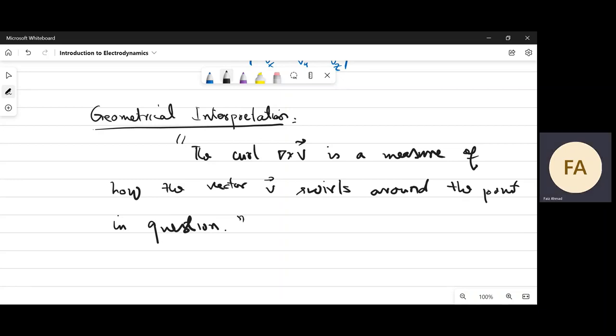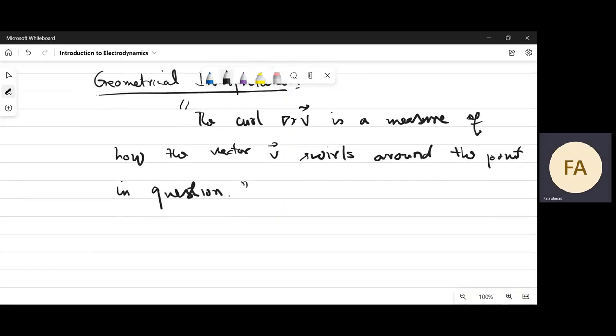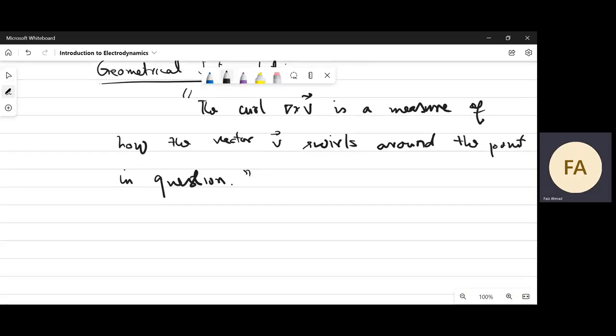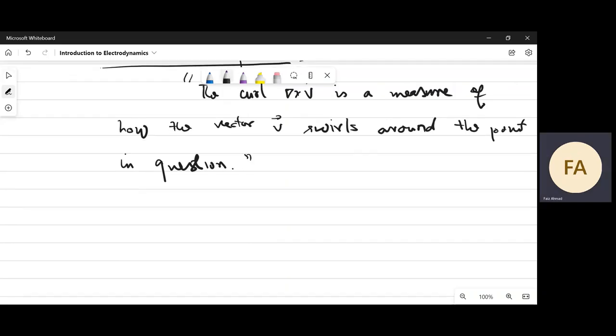So if we have a vector function V and we want to see the curl, we have to see, at a point, say x, y, z, whether that vector is rotating or swirling around that point or not.